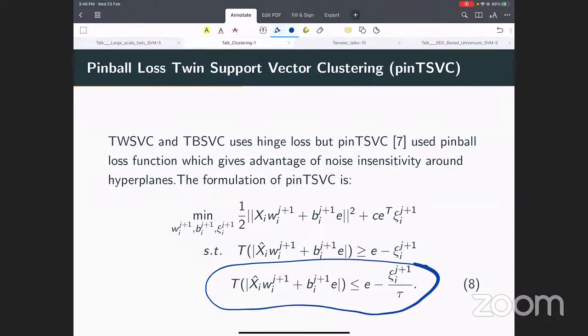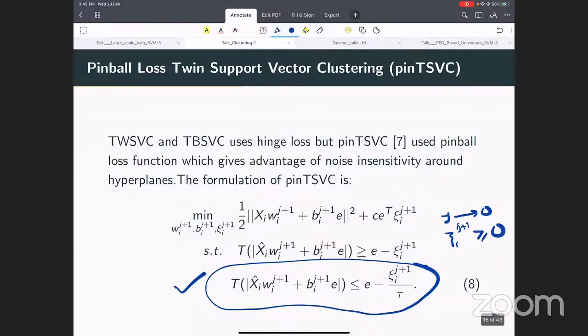You can see here that when tau is moving towards 0, then xi_{i,j+1} is moving towards 0, that is, it is greater than or equal to 0.